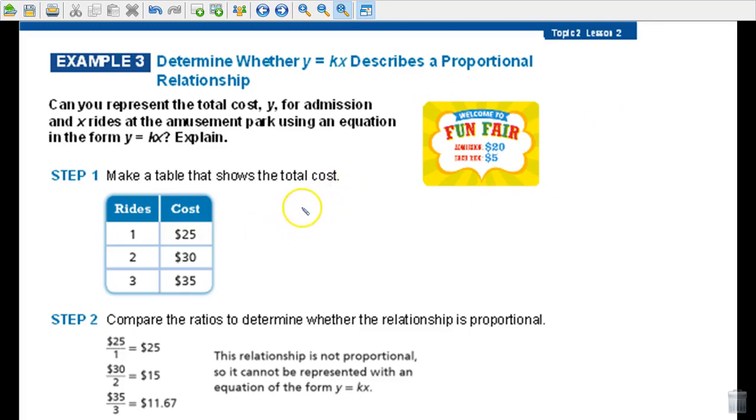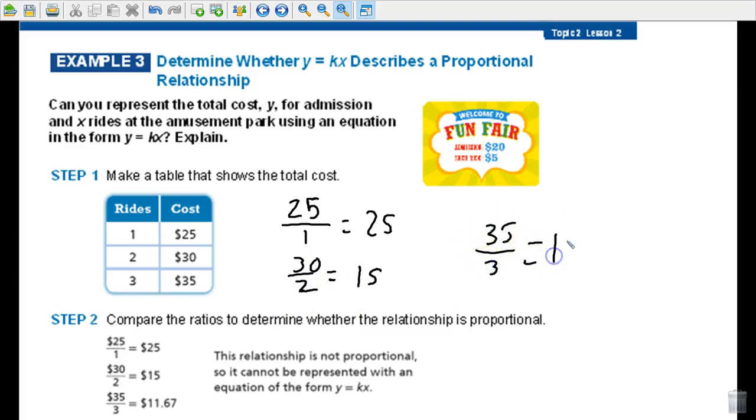But let's look at this. We do 25 divided by 1 to get 25. We do 30 divided by 2 to get 15. And then we do 35 divided by 3, and that'll give us 11.67. So for this table, our k is three different things.